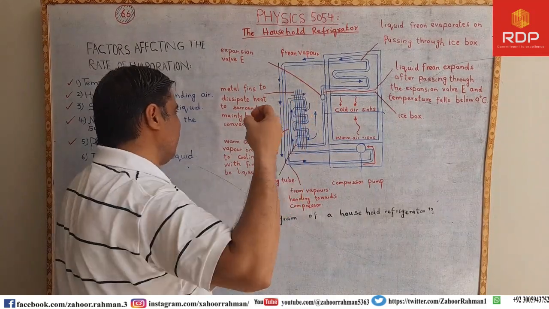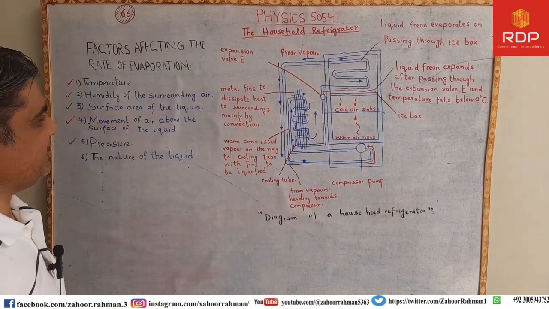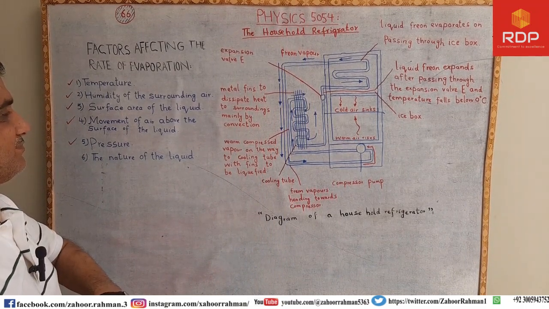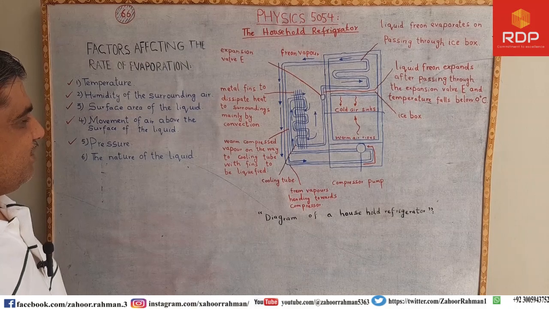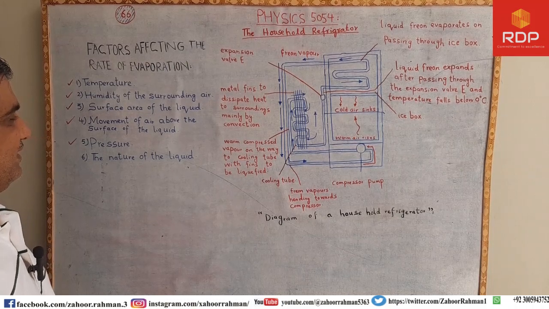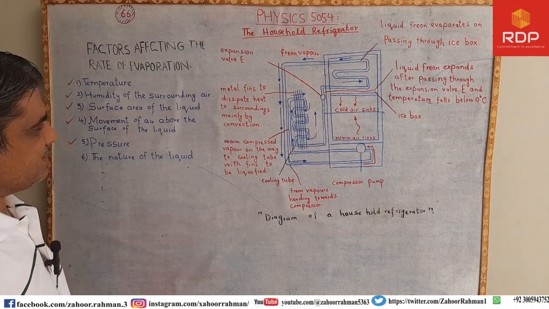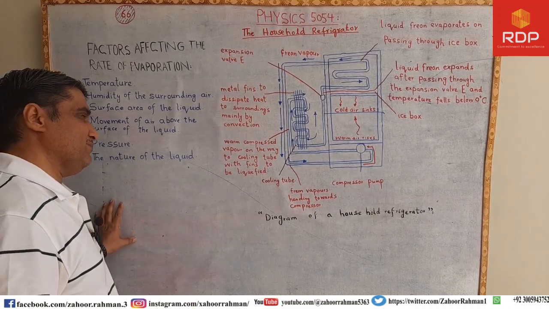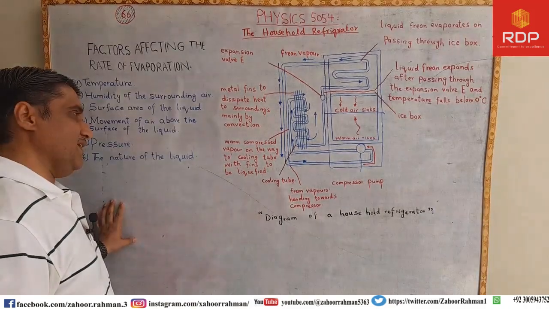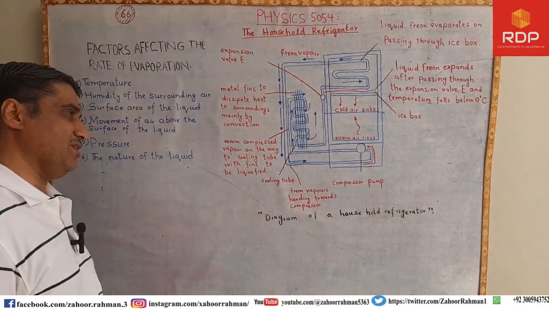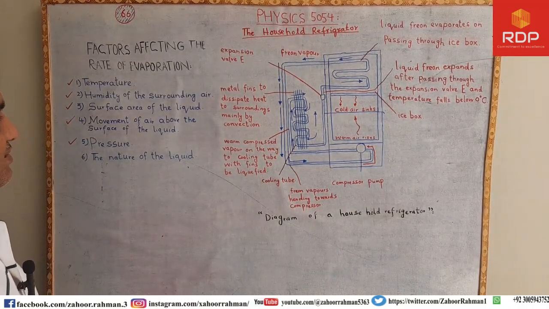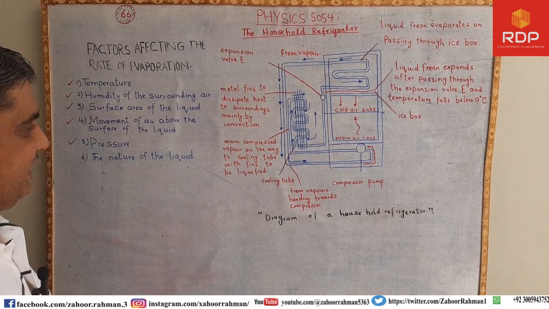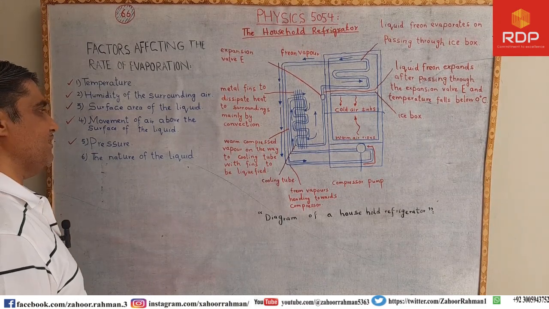The fins are taking out heat, and it is given to the surrounding environment. By which process? By convection. What is convection? What is conduction? What is radiation? That is our next topic. We will discuss that in greater detail.